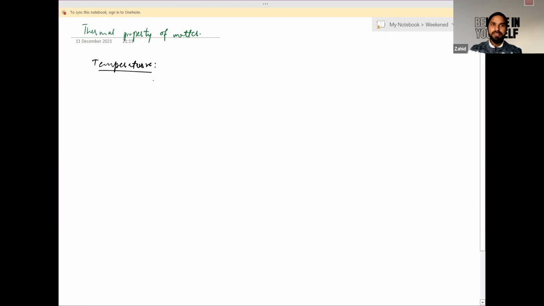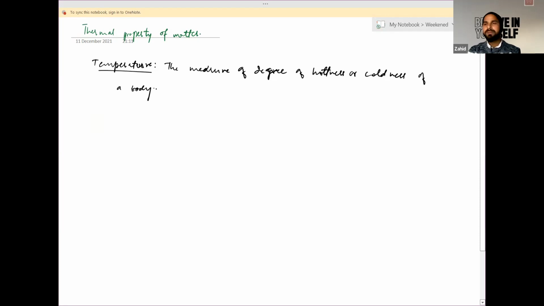So temperature is simply the measure of degree of hotness or coldness of a body with some specified relative term, and that is called temperature.